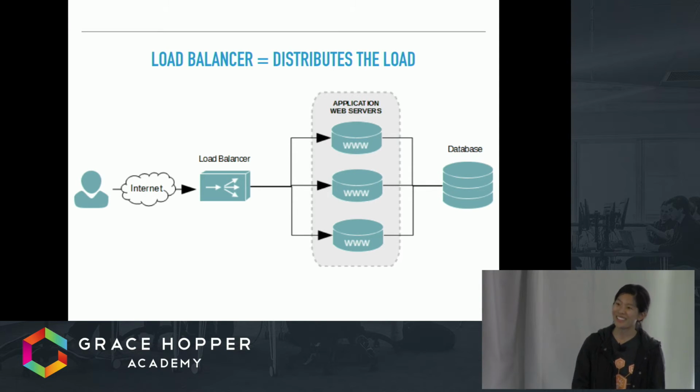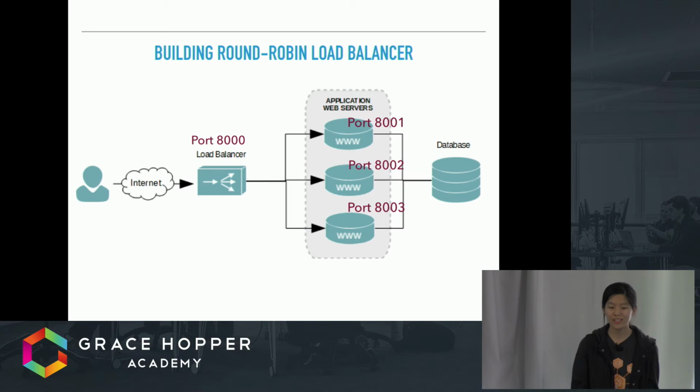And another question that we need to ask ourselves when we decide to use a load balancer is, how is the load balancer going to decide which of the web server instances are going to take the next incoming request? There are many ways to implement this, but the easiest way is to use something called round-robin algorithm. So in the implementation that I'm going to show you shortly, the load balancer is going to be listening on port 8000.